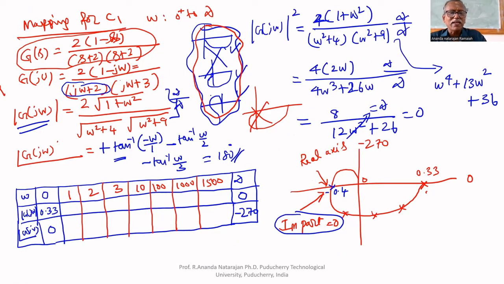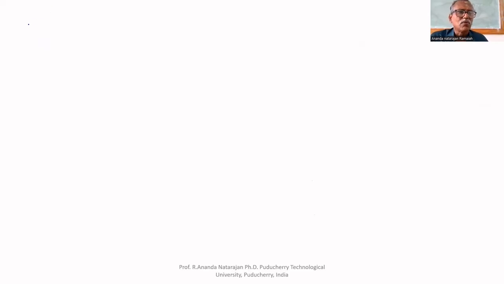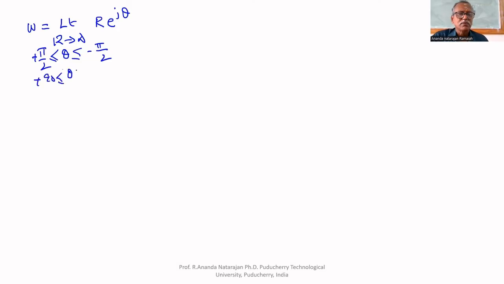That segment can be mathematically defined like this. Omega equal to limit R tends to infinity, R e power j theta, and theta varies from plus pi by 2 to minus pi by 2, or plus 90 to minus 90 degree.